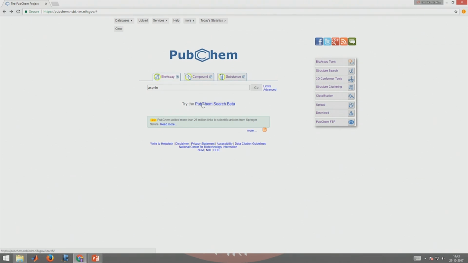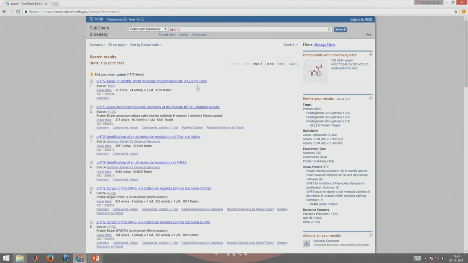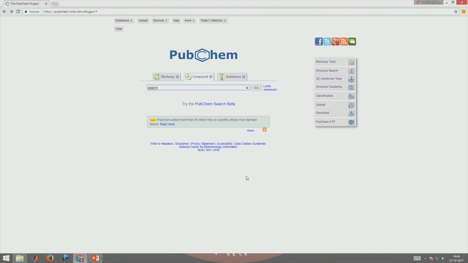If I want to know some bioassays, okay, it tells you some assays for aspirin, various types of assays for aspirin, either to detect aspirin or look at assays for its interaction with different targets. So that sort of biochemistry related information we can get.